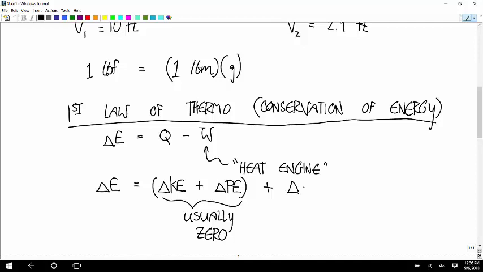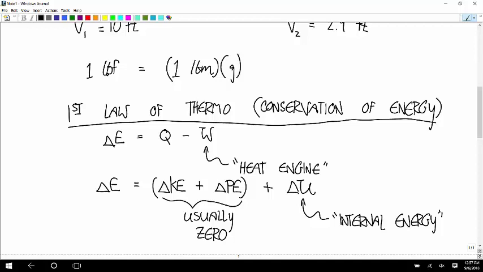Plus the change in this new thing, capital U, which is called the internal energy. We don't have to know much about what that is yet, but if you want an intuitive idea, it's usually connected to temperature in most cases.